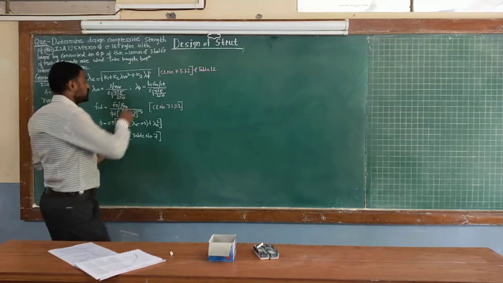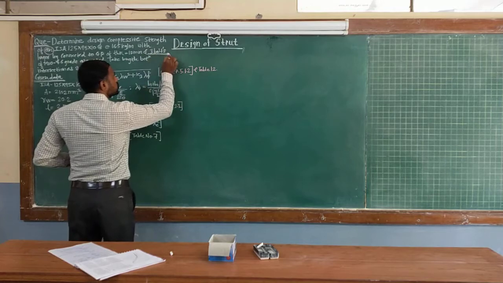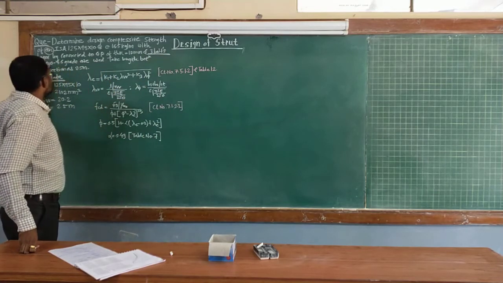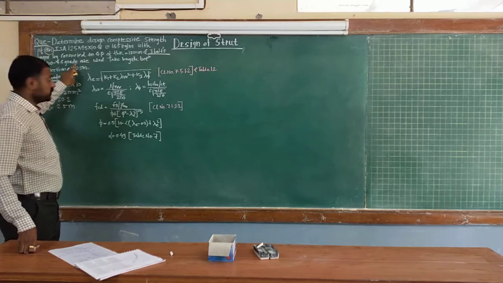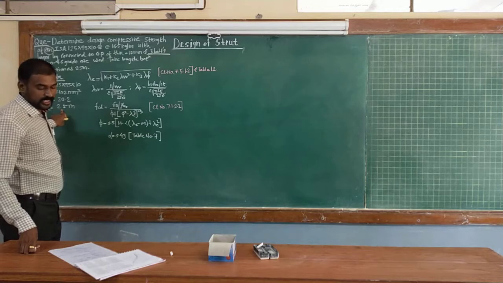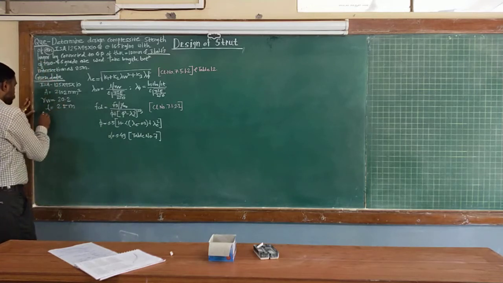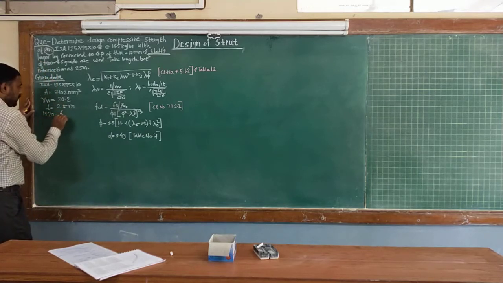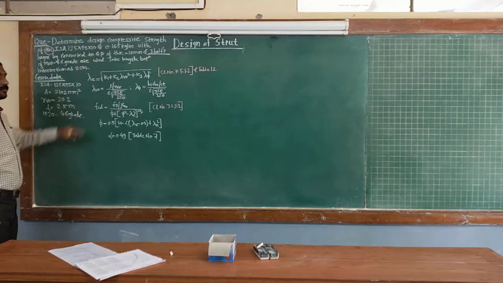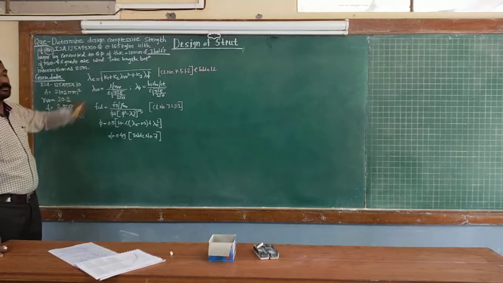Here you can see that there are 3 bolts, so the number of bolts given is greater than 2. The effective length we are considering is 2.5 meters, and the bolts are M20 of 4.6 grade, correct. So likewise, this is the given data based on the statement we have written.